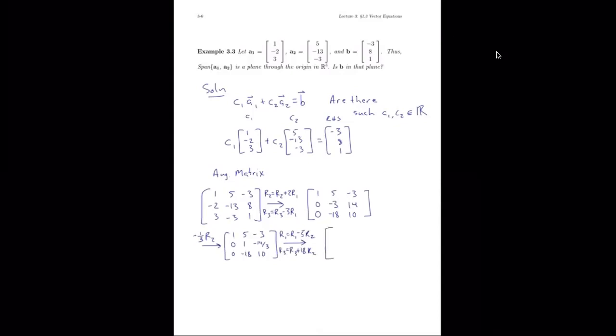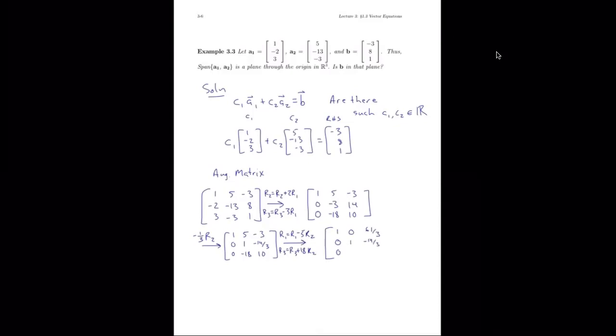That leaves us with a 1 here, and a 0 because we got rid of that 5. Then negative 14 over 3 times negative 5 is 70 over 3, minus 3. 70 over 3 minus 9 over 3 is 61 over 3. You can check that arithmetic on your own. Then 1, negative 14 over 3.